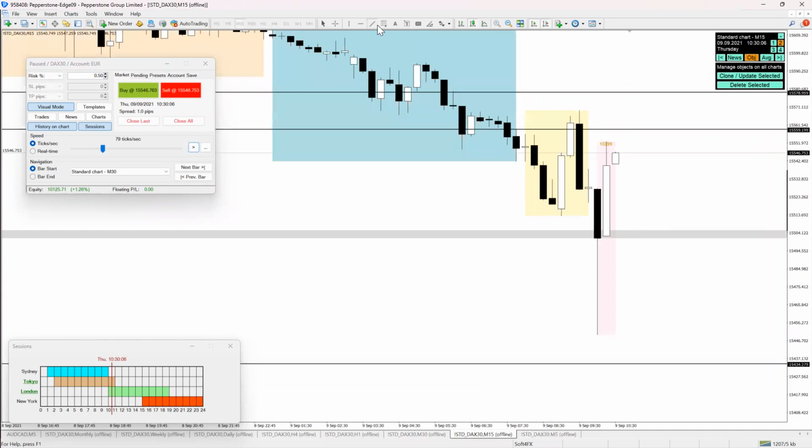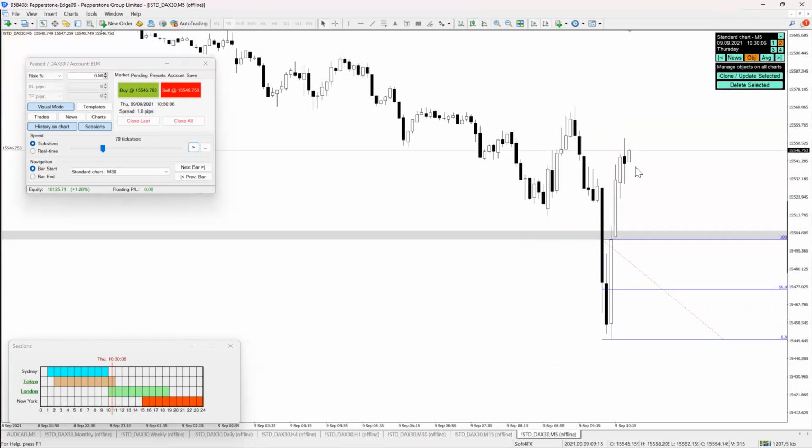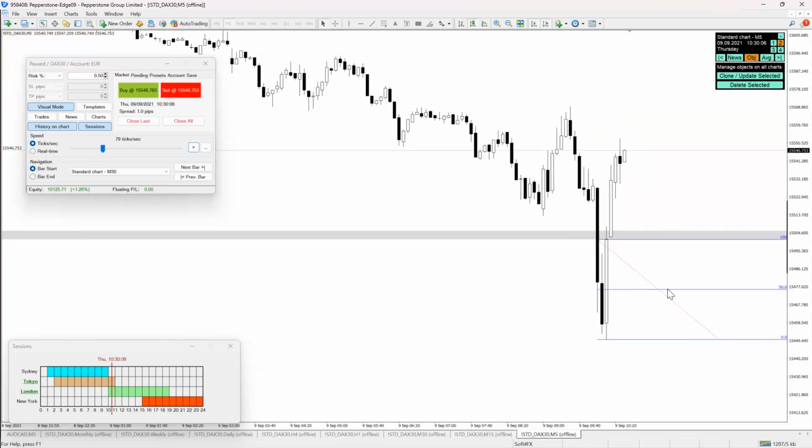So if I did a fib on basically this wick, line that across. So I want to see price come down to here.